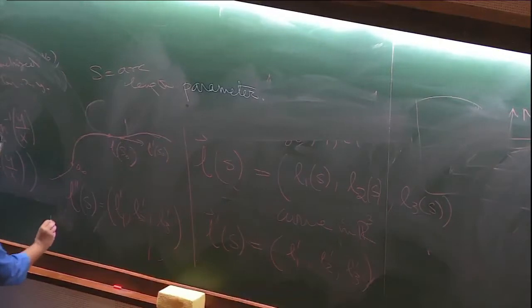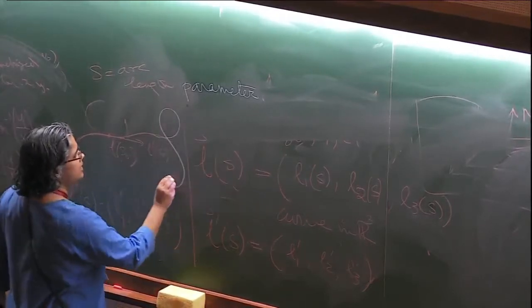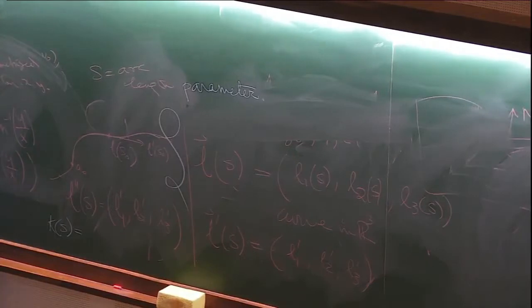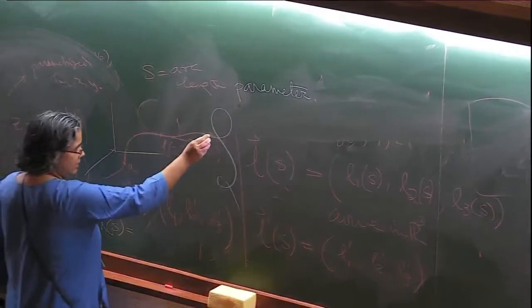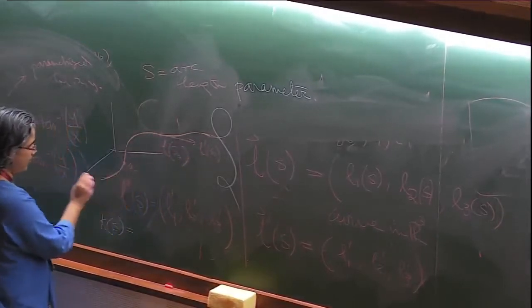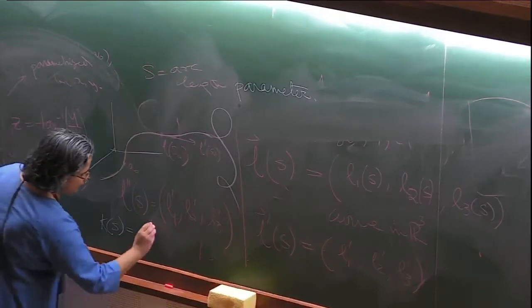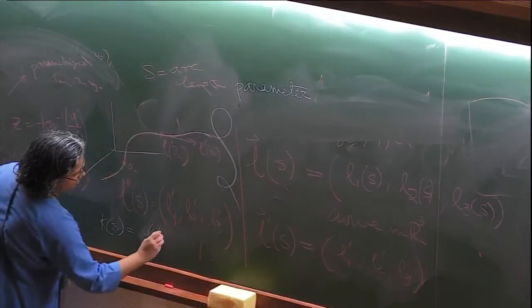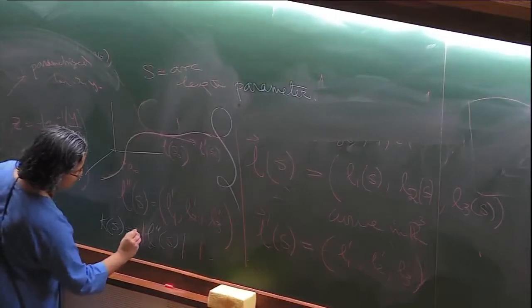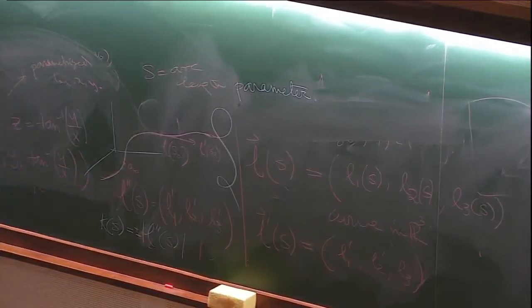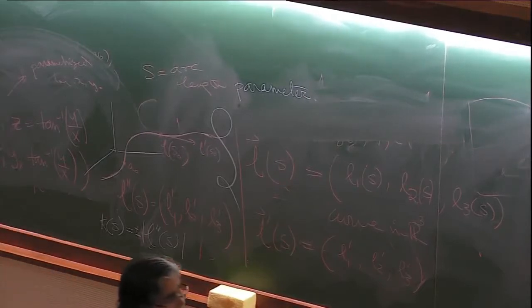And then K of S, of course the curvature is going to vary everywhere. So the curve is actually turning, it's a curve in R3. The curve is turning and twisting. K(S) is, plus or minus, it depends on your convention, the norm of the acceleration. So that is the curvature.